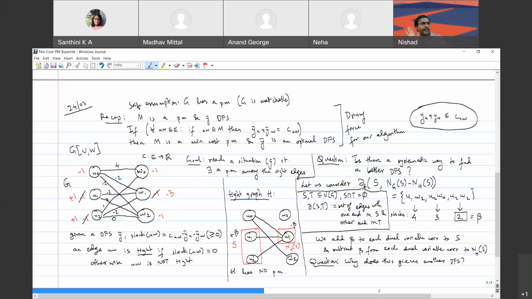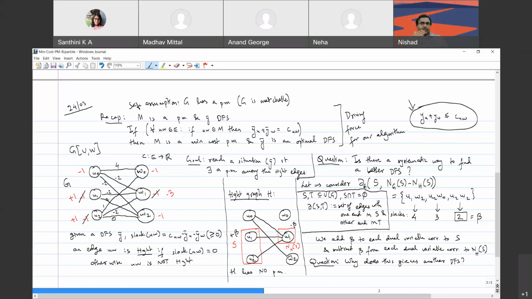So notice that the y variables are free, right? So we don't care whether anyone becomes positive, negative. The only thing we need to check is that this condition is satisfied. Okay, so what are the different kinds of edges we have, and what are the only edges we really need to care about? Edges that have one end in the neighborhood of S, we don't need to care about them at all.